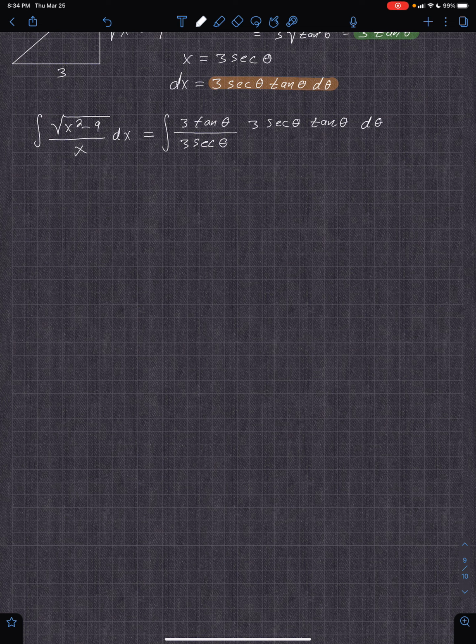And we simplify. That simplifies down to just the integral, so that's going to be 3 tangent squared theta d theta. Okay, so now we can simplify this a bit.